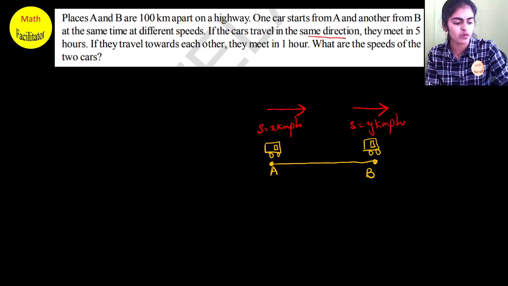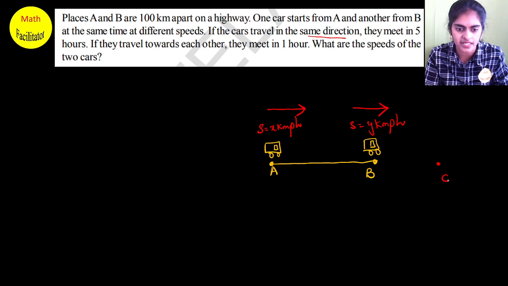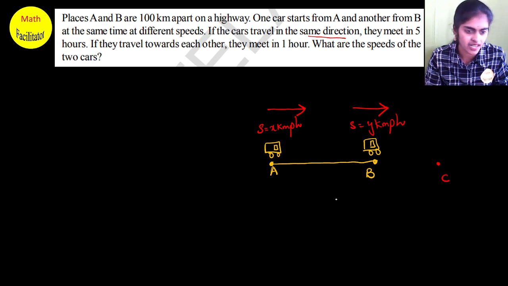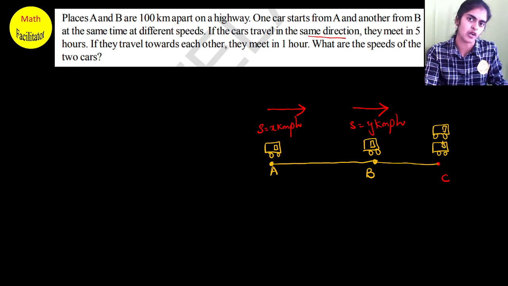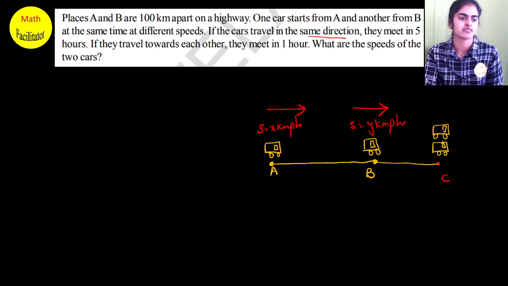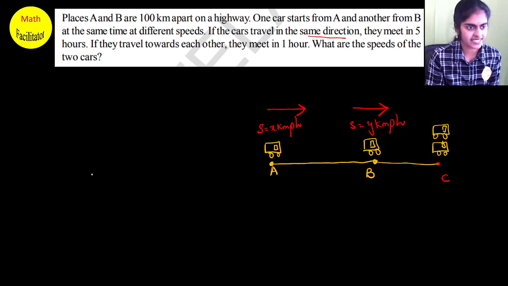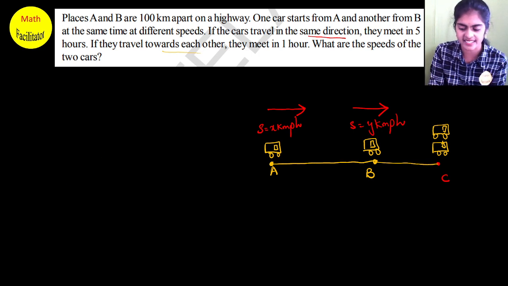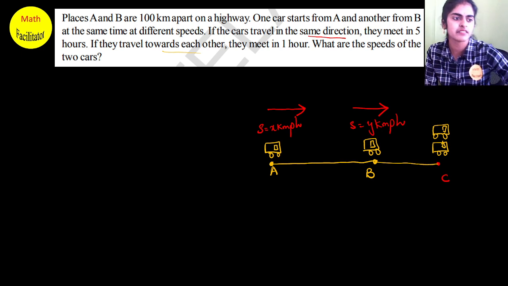So when they are going in the same direction, I am assuming they are meeting at a point C. Both the cars are meeting at point C. Clear? So now you need to find the speeds of the two cars. I just wrote the first condition. Second condition, when they travel towards each other, we shall write it afterwards. First, let me explain the first condition. Till here, is it clear for everyone?